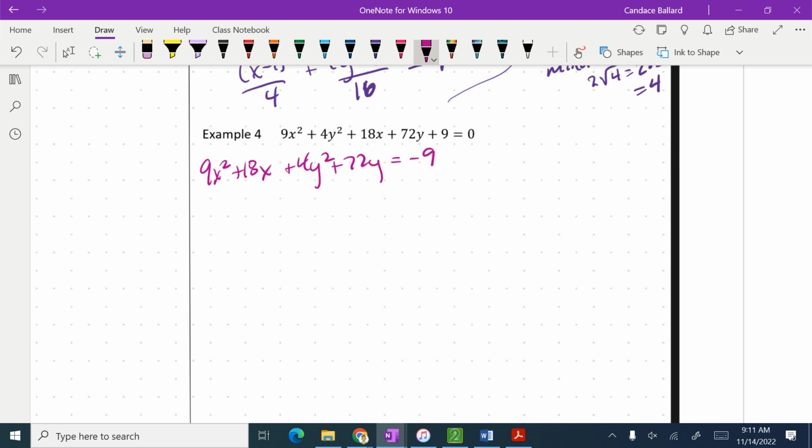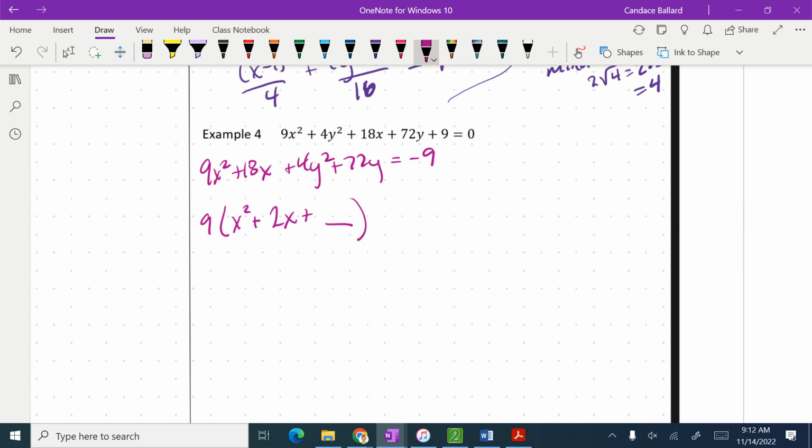Okay, let's take a look at what we have. So I did my rearrange part, and I moved my 9 over to the other side. All right, what was my leading coefficient for the x's? 9. Okay, so I'm going to go 9 parentheses x squared plus what? 2x plus blank.